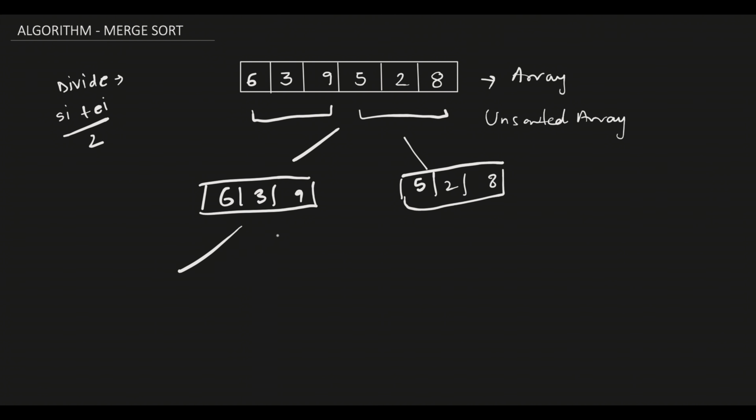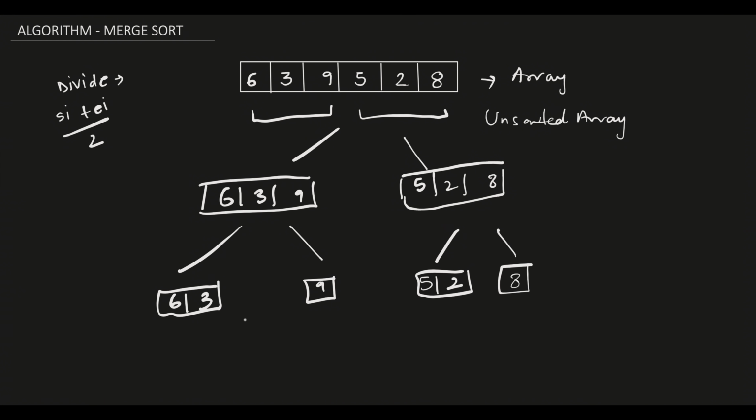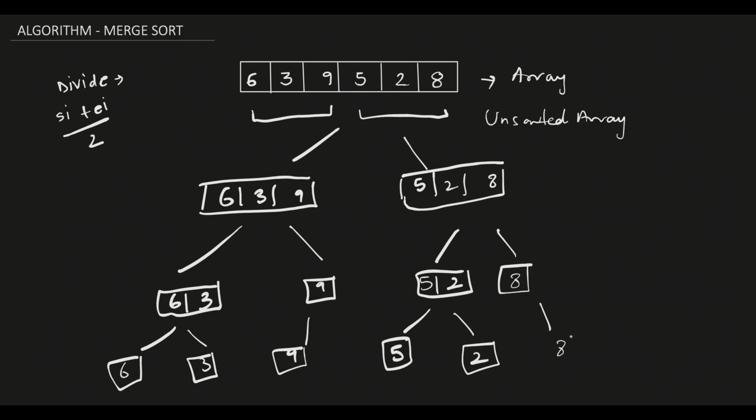Then I further divide this 6, 3, 9 and 5, 2, 8. Further I divide this into 6, 3, 9, and then 5, 2, and 8.